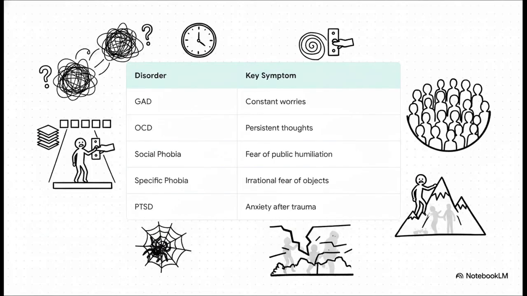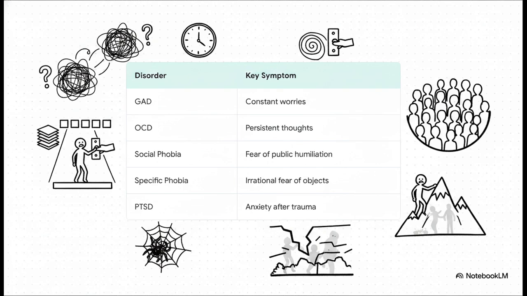Okay, students, time for clinical rounds. You are for sure going to need to know these differential diagnoses for your exam, so pay close attention. If a patient comes in with constant, uncontrollable worries about just everyday things, that's generalized anxiety disorder. If they're struggling with unwanted, persistent thoughts that practically force them to perform repetitive behaviors, that's OCD. What about a debilitating, paralyzing fear of public humiliation?